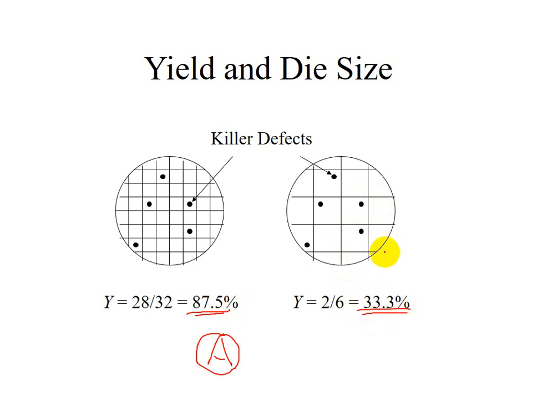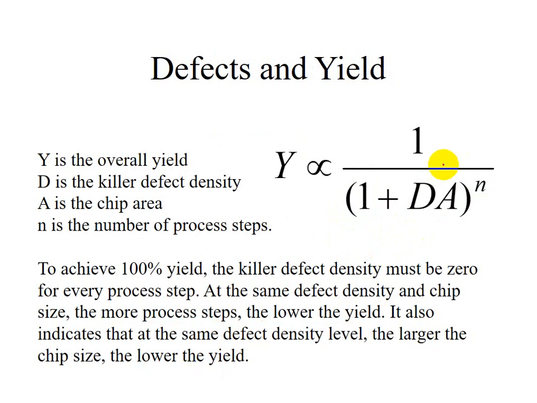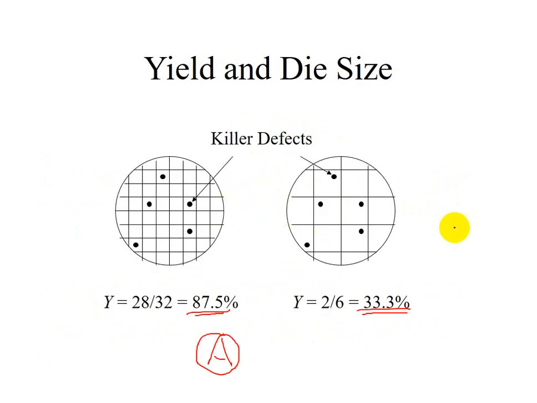So let's look at the equation here. D is fixed, the density is fixed, and the larger the A, the larger the die size, the lower the Y. The smaller the die size, the higher the yield. Over here shows you the result. When you reduce the die size on the same single wafer, you can actually increase the yield.